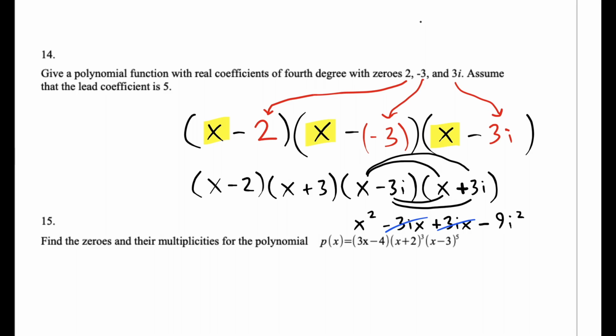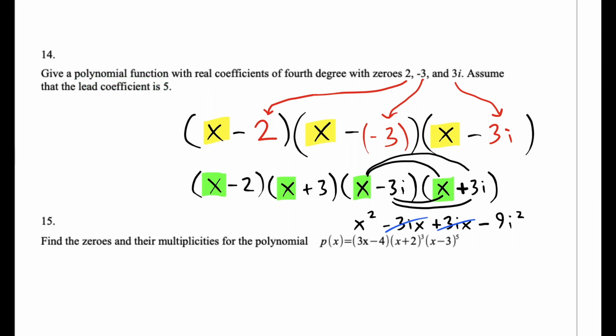All right, now, if we were to multiply all this out, it would take quite a bit. It would be a lot of terms. But one thing is for sure, when we multiply the x times the x times the x times the x, this is the firsts of all the binomials, we're going to get x to the fourth, which is good because they wanted fourth degree, but they also want a lead coefficient of 5.